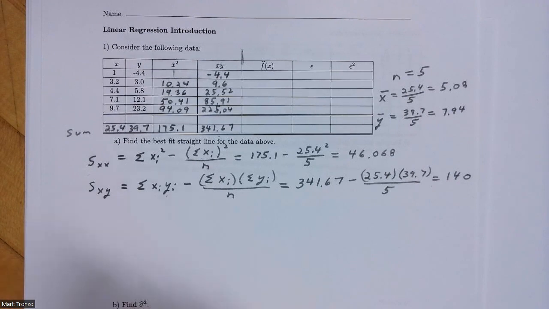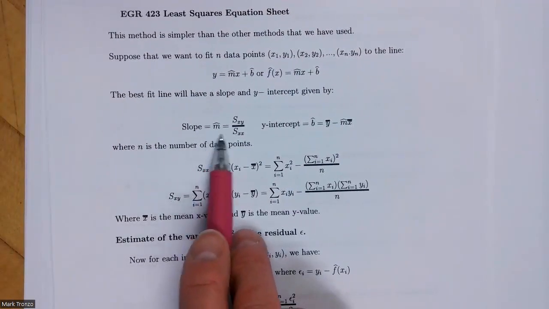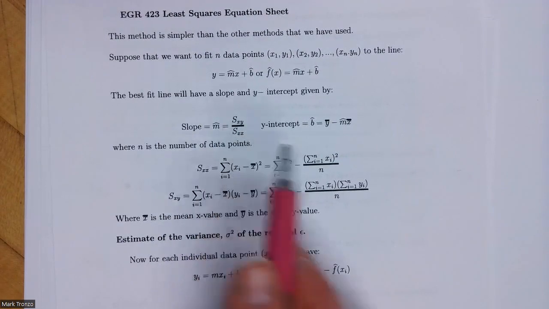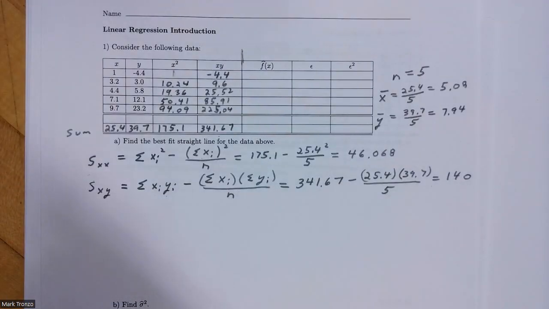So now we're going to find the slope. If you look at your equation sheet, the slope is right here, Sxy divided by Sxx.